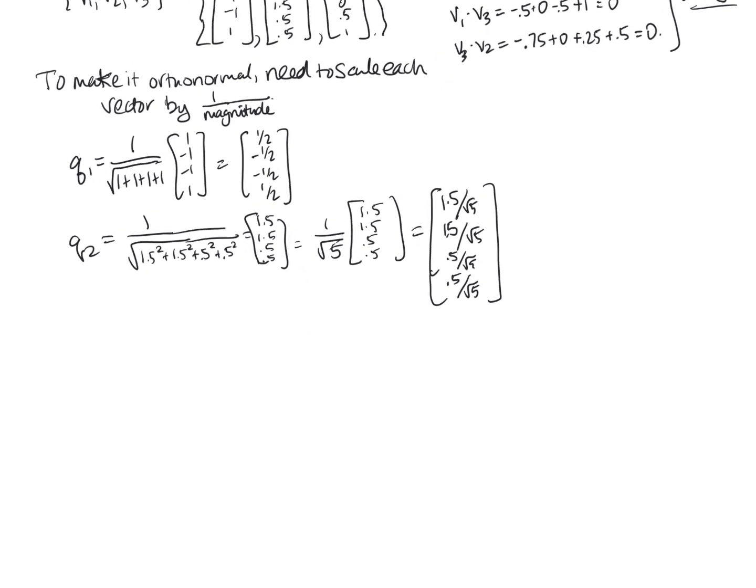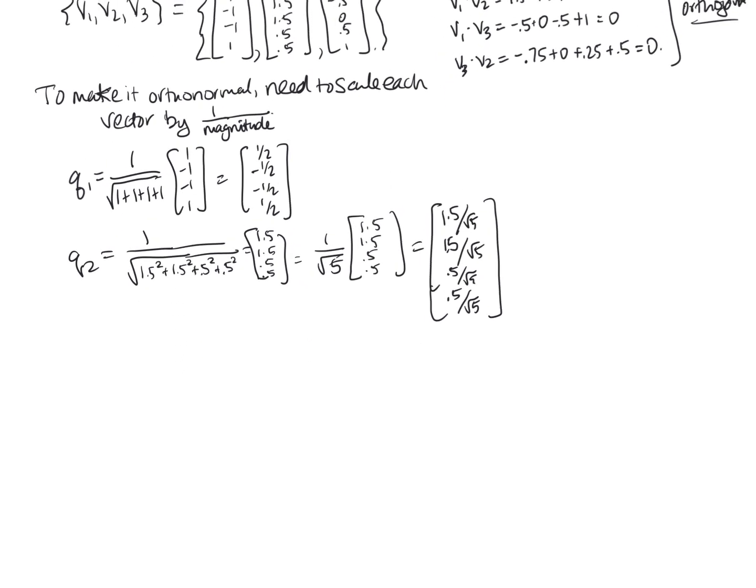Last one. Okay, this is getting a little bit boring. So Q3 is going to be 1 over the square root of negative 0.5 squared plus 0 squared plus 0.5 squared plus 1 squared, multiplied by the vector negative 0.5, 0, 0.5, 1. So I get 0.25 plus 0.25 plus 1, so square root of 1.5.